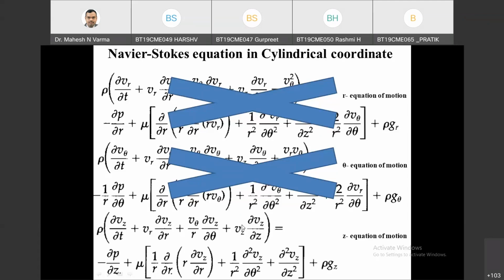And this will be 0 or non-zero? Vz is non-zero, but dVz by dz is 0, so the total term will be 0, because Vz is not a function of z. So this whole term on the left hand side will be equal to 0.